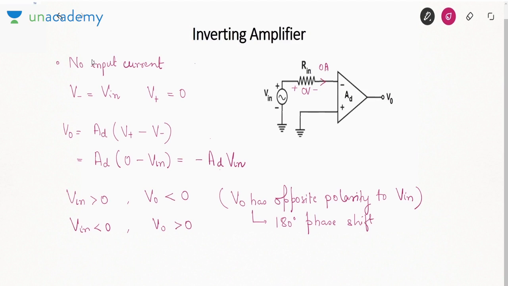So V0 has 180 degree phase shift with respect to Vin, and that is why it is called an inverting amplifier. Just like in BJT we had the common emitter amplifier, providing 180 degree phase shift, and in MOSFET we had the common source amplifier, also providing 180 degree phase shift, similarly in op-amp, the inverting amplifier provides output opposite to the input, or you can say 180 degree phase shift in the output.